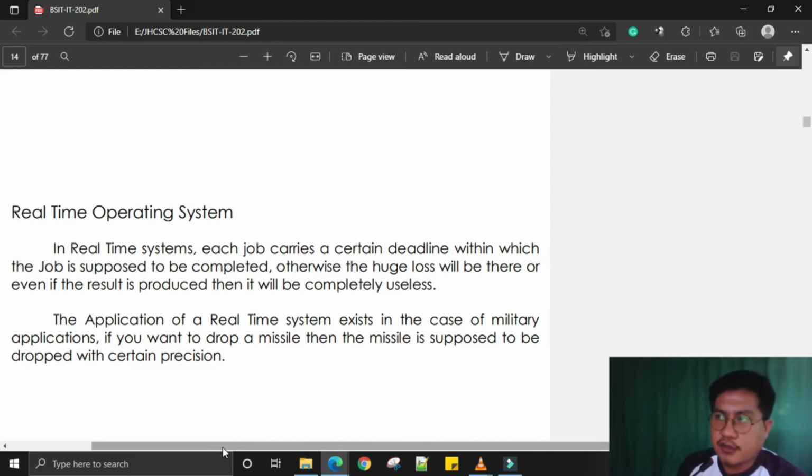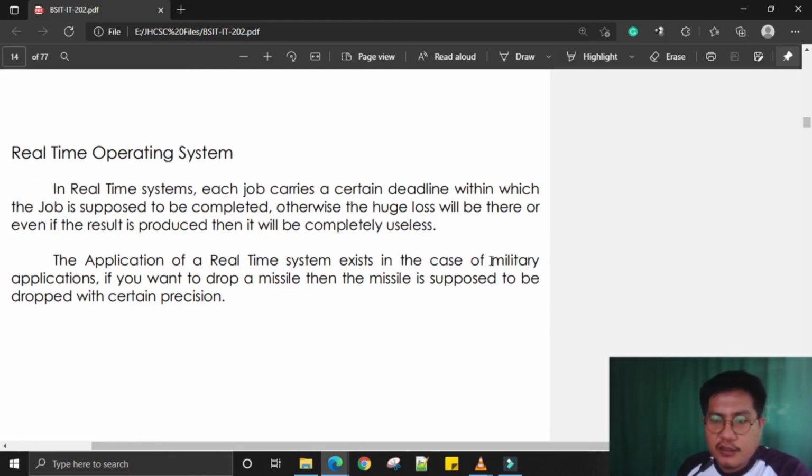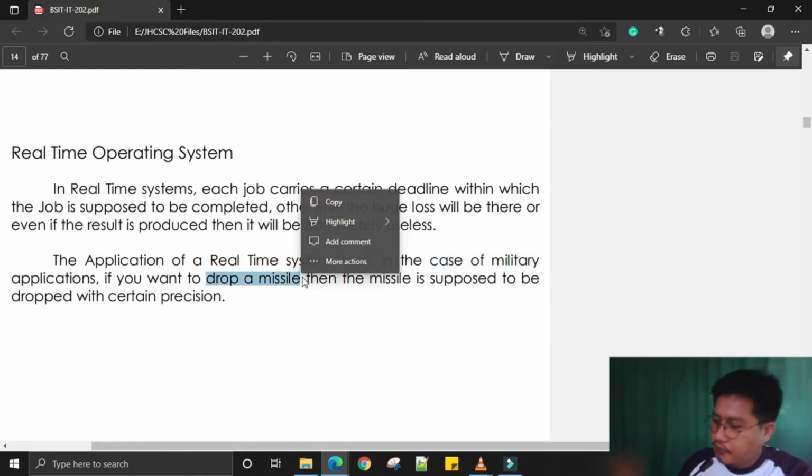But the output of a real-time operating system could be hindered by external interference. For example, in this military application where you are to drop a missile, that missile might not drop precisely on a specific location because of, say, a change in weather, which could hinder the performance of that operating system.